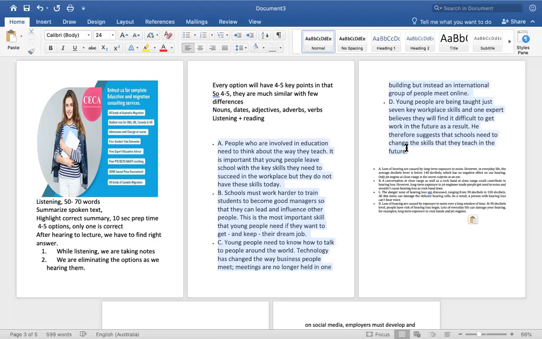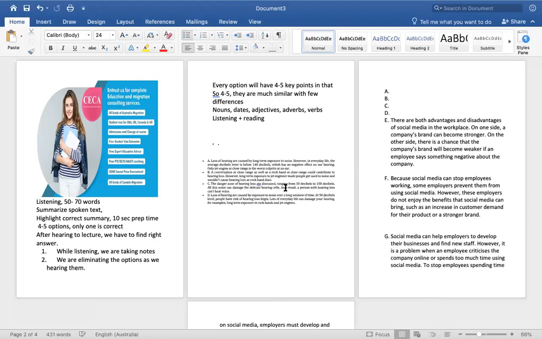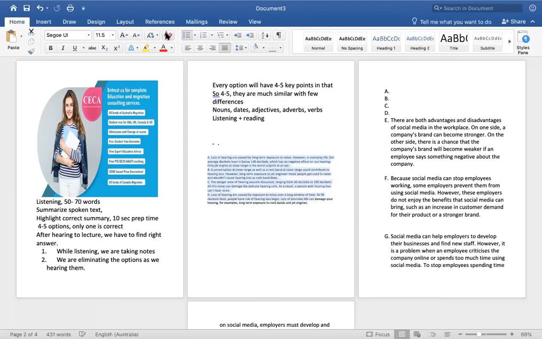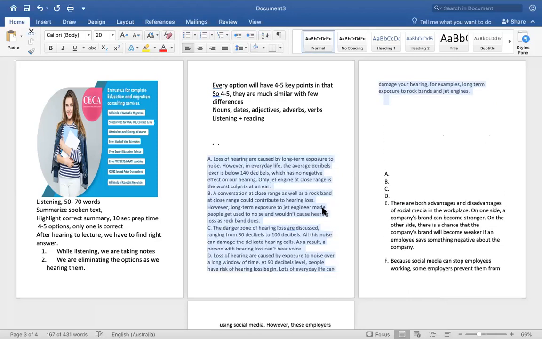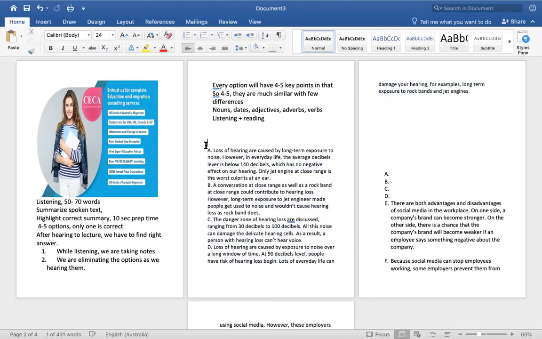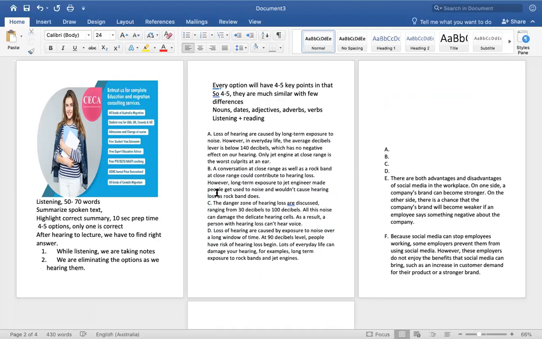Okay, let's see this next question, where it is. Okay, and then okay, so this has A, B, C, and D, 4 options.